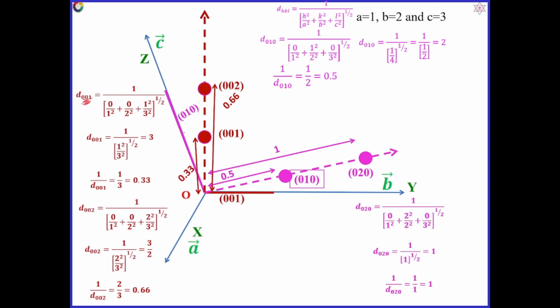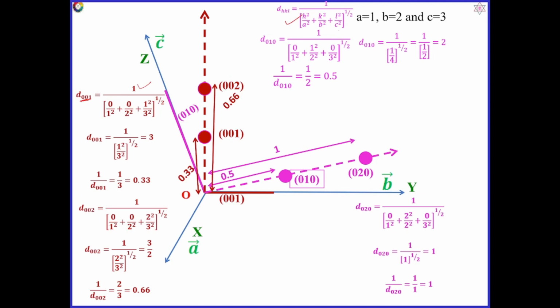For the 0, 0, 1 plane, this is the normal. First we have to find the interplanar spacing of the set of planes of 0, 0, 1. So we use this formula: 1 by the square root of, here h and k are 0, 0, plus l square by c square.